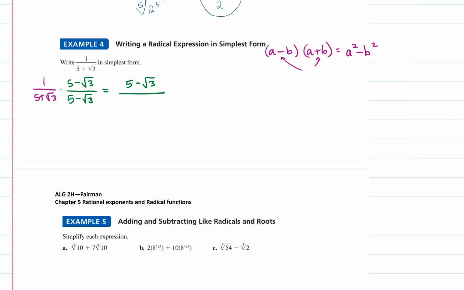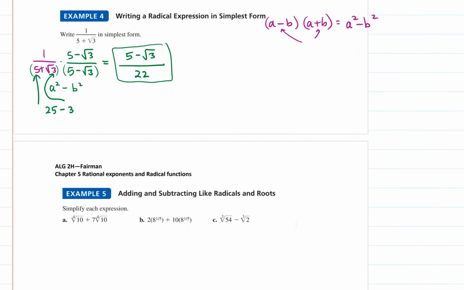And in the denominator, this is now a difference of squares. And it follows the multiplication pattern a squared minus b squared. So all we need to do is square this first term and get 25. And then square this second term and get 3 and subtract them. So our denominator is equal to 22.